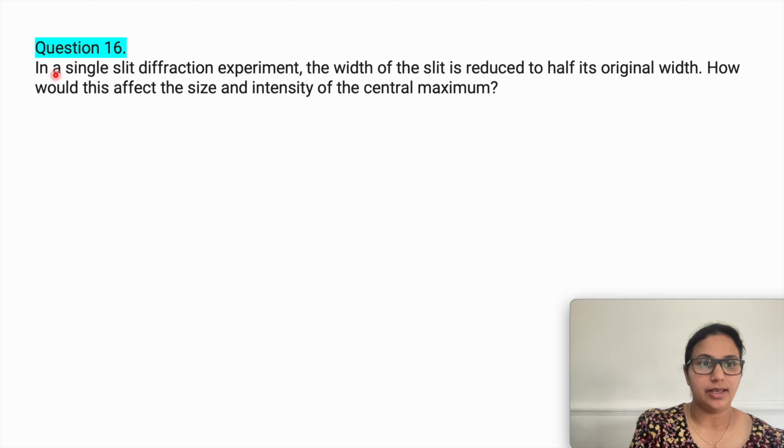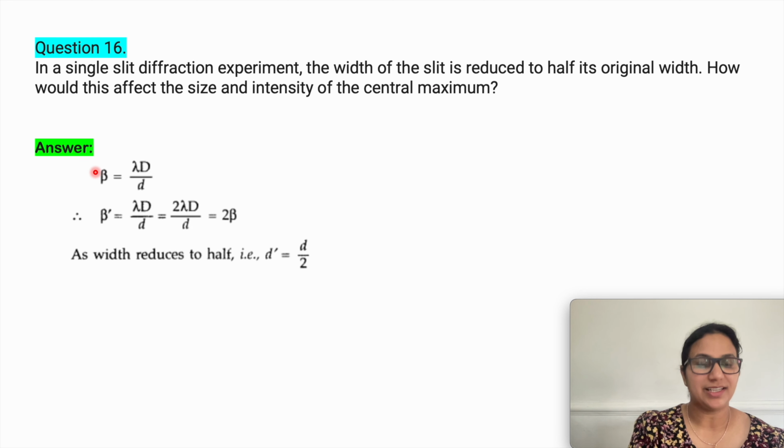Question number 16. In a single slit diffraction experiment, the width of the slit is reduced to half its original width. How would this affect the size and intensity of the central maximum? As we know, the fringe width is given by λD by d. As the width of the slit is reduced to half its original width, the size of the central maximum will be doubled.